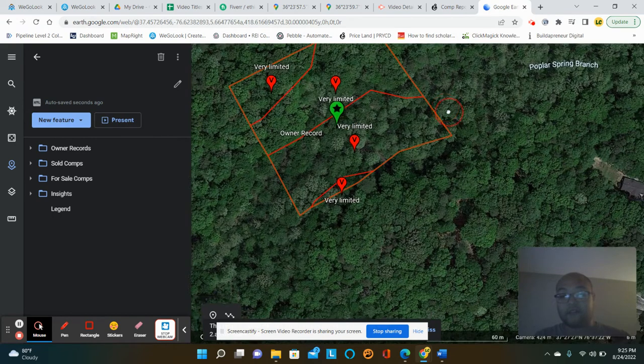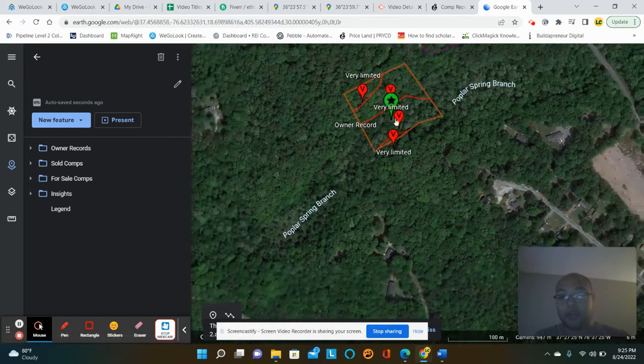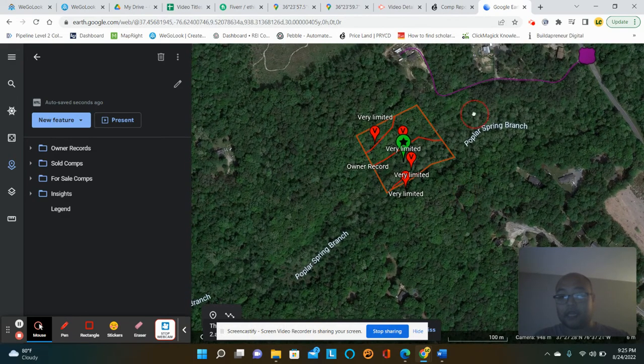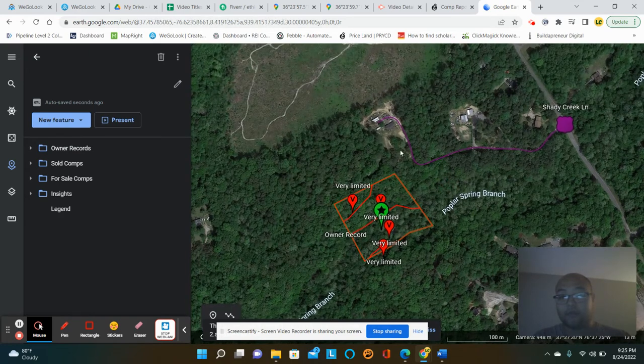The reason I passed on it is basically because access is kind of difficult. You're going to have to cut through someone's road and someone's property to get to this. Not a good, easy way to get to this. So I skipped it, and what I found is if your property doesn't have access, it drastically lowers the value of that property.